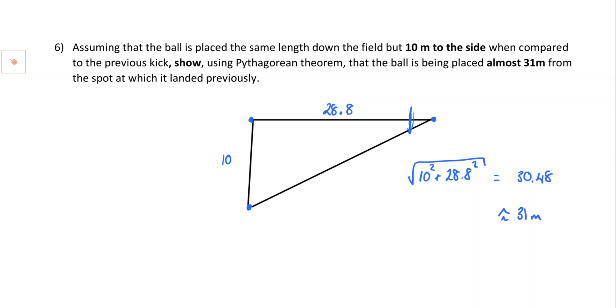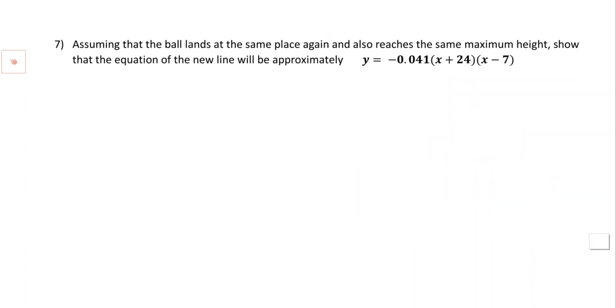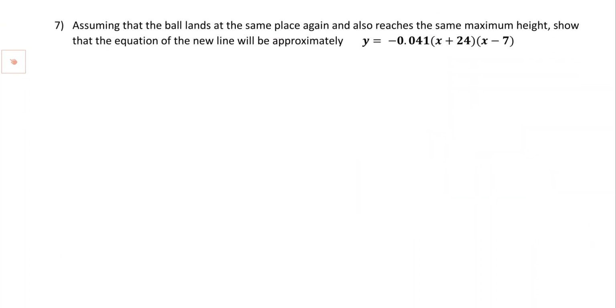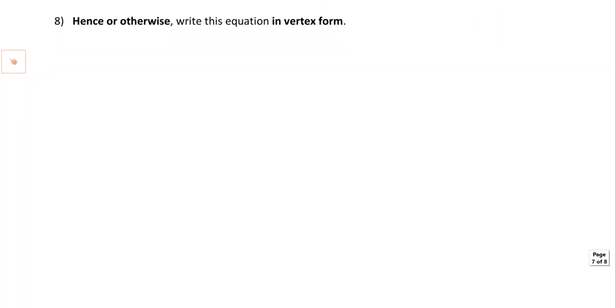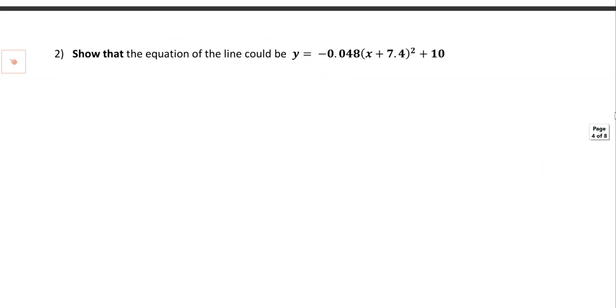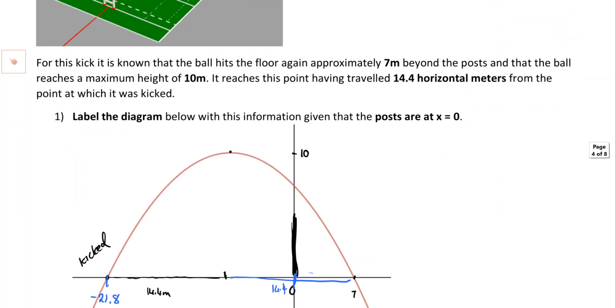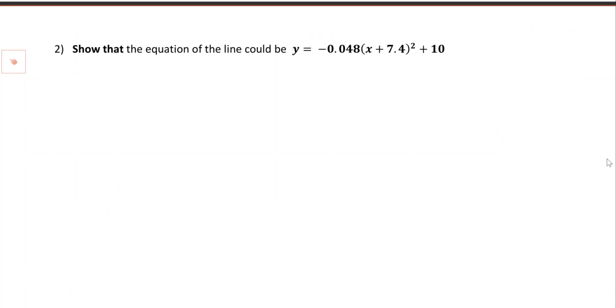All right, because that's almost 31. Okay, so assuming that the ball lands at the same place, we've got to show this. All right, but I'm going to go back to this first one now, and let's look at how we find this equation. Okay, how can you really clearly show it?